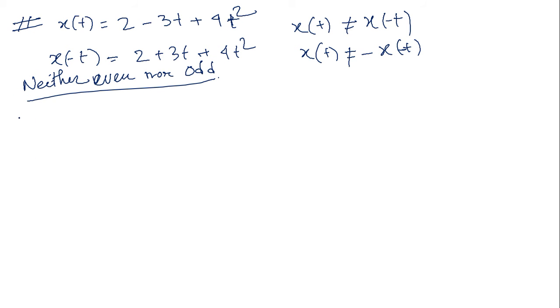So for this I need to estimate x even of t. For x even of t, I need to add x of t plus x of minus t and divide by 2. So adding x of t plus x of minus t: 2 minus 3t plus 4t square plus 2 plus 3t plus 4t square.